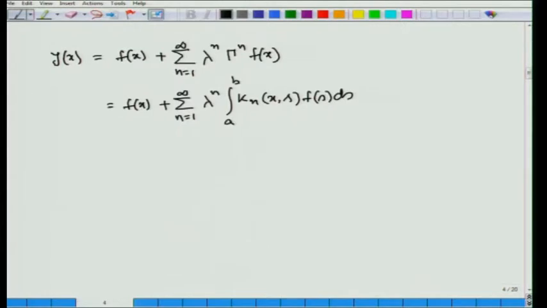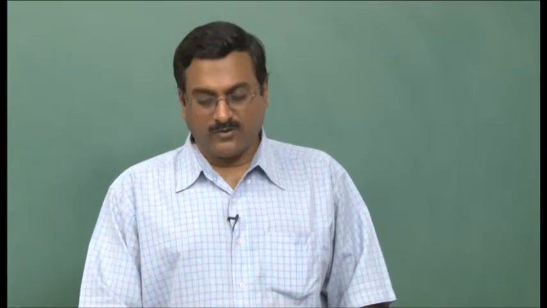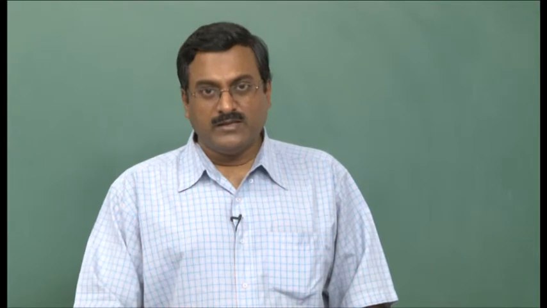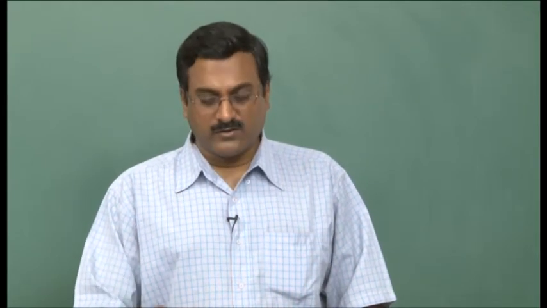This is the result, assuming the condition modulus lambda L2 (b minus a) less than 1 holds, where L2 is the maximum value of the kernel modulus k(x,s) within the interval [a,b] cross [a,b], that is within a square.